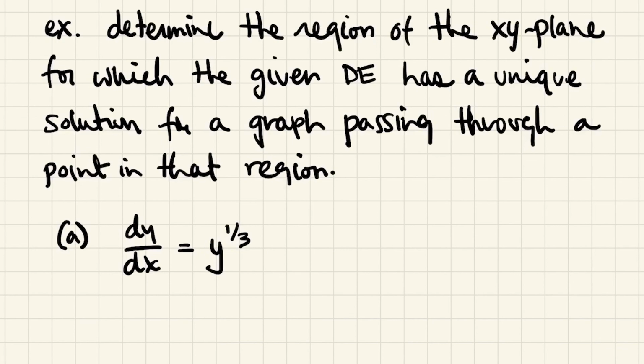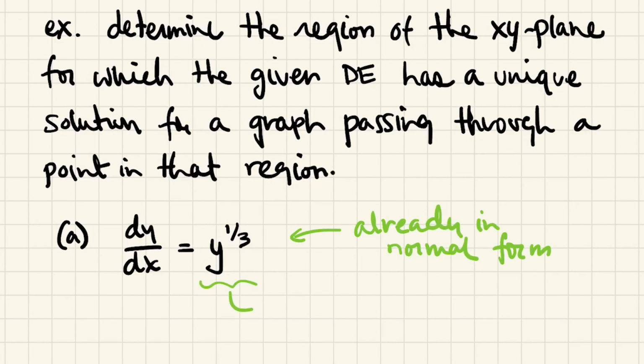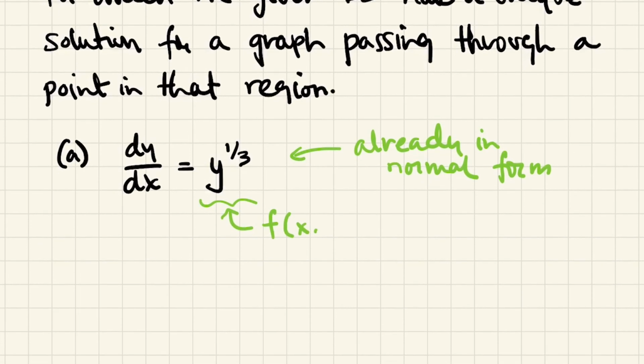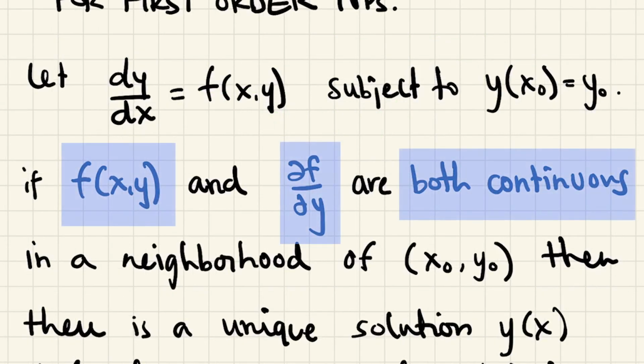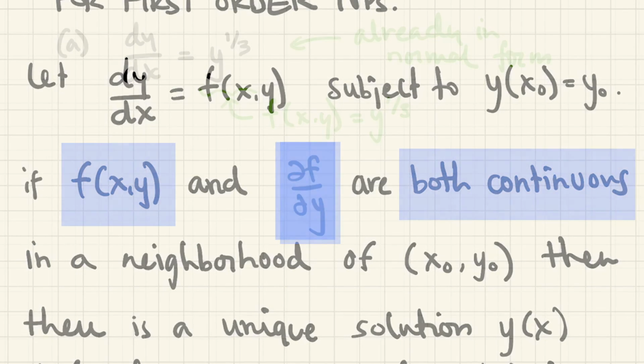So, we know from the existence and uniqueness theorem that we need to write the differential equation in normal form, which this one is already in, which means there's our f of x, y. Now, f of x, y itself has to be continuous, and the partial of f with respect to y has to be continuous.